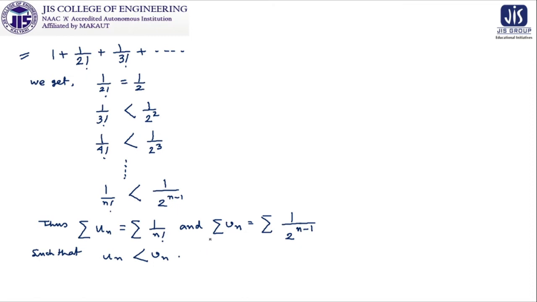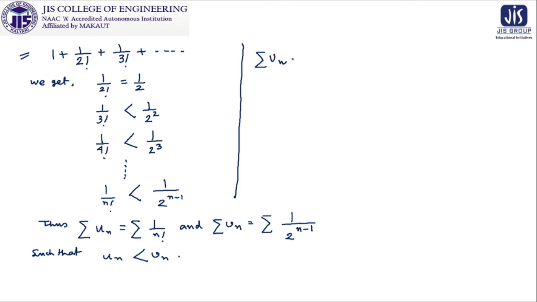Now we got two series. If you can recall the comparison test, if the smaller one is divergent, then the bigger one will be divergent, and if the bigger one is convergent, then the smaller one will also be convergent. Now what is bigger over here? Here vn is the bigger one.